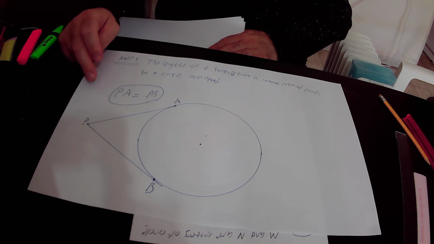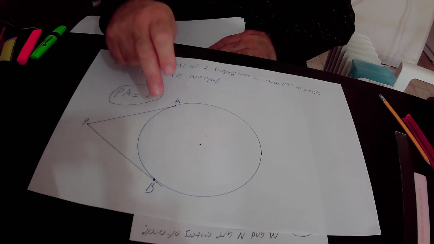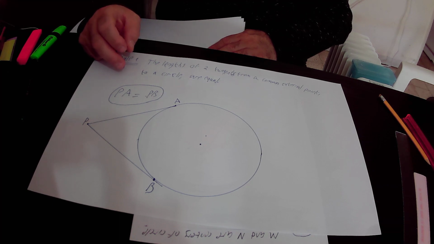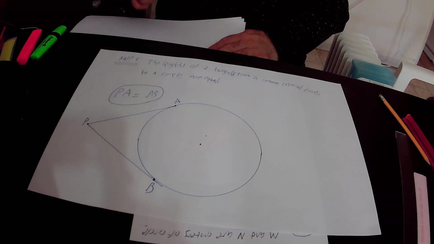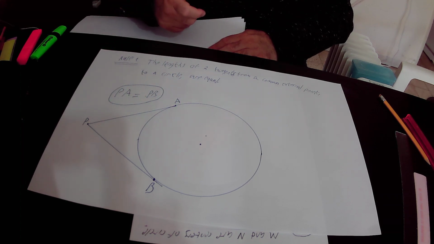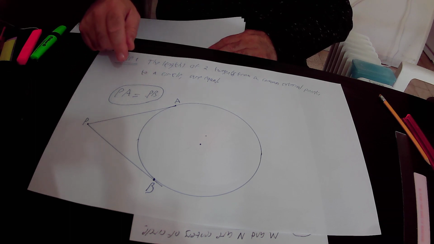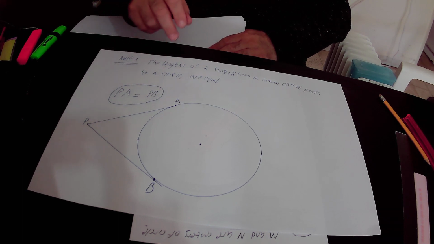So the length of the first tangent is PA, the length of the second tangent is PB, and according to rule number 1, the lengths of those two tangents are equal to each other. That is to say, PA is equal to PB. So whenever you draw two tangents from an external point of a circle to that circle, the lengths of those two tangents will be equal to each other. Okay, in this case, PA equals PB.